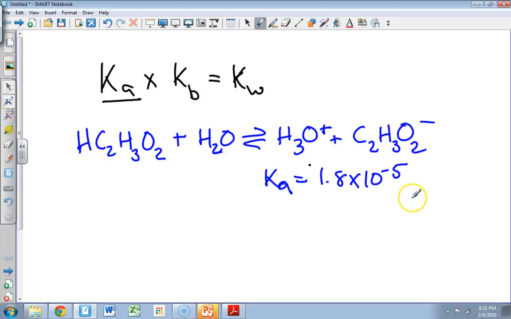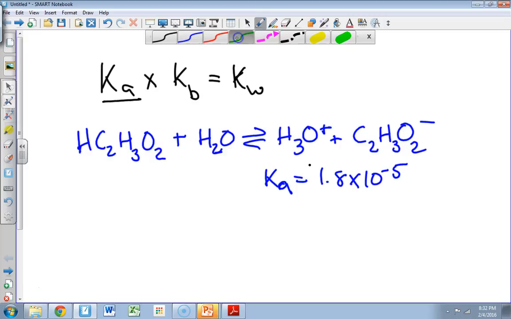If the Ka equals 1.8 times 10 to the minus 5, we can do some quick math and figure out what the Kb is.